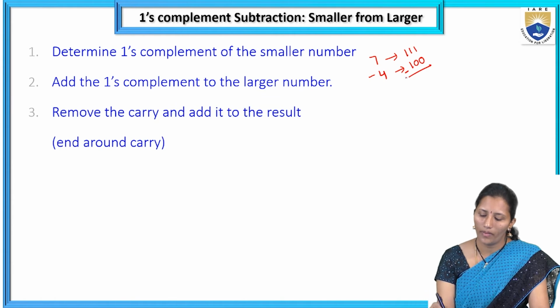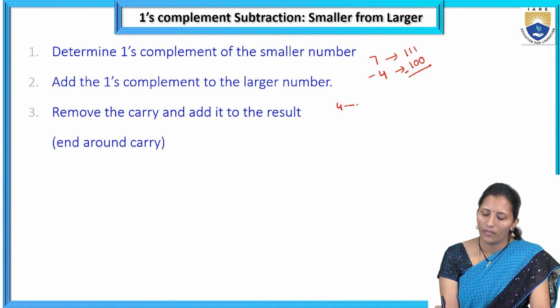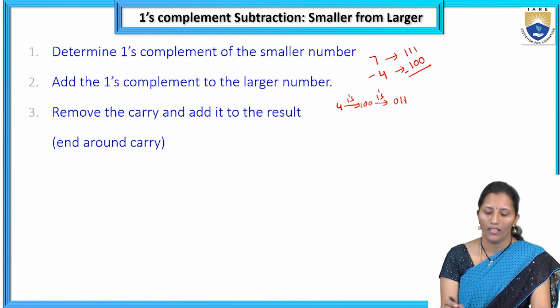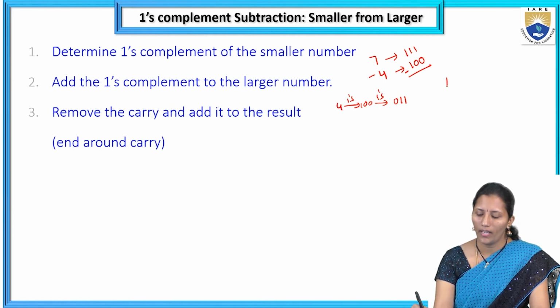So perform the 1's complement of 4: 0 1 1. Then add the 1's complement to the larger number, 1 1 1, that is 7, and the 1's complement of 4, that is 0 1 1.